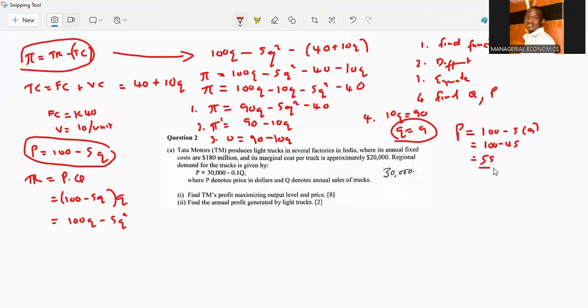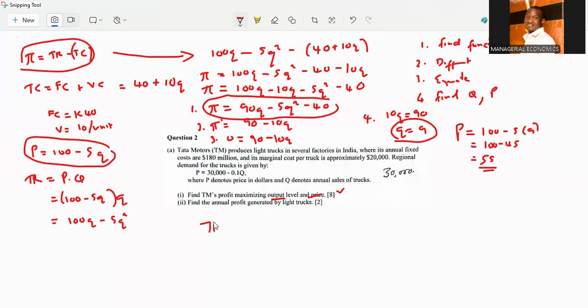Correct. Then find the actual profit. So it's the same question here. Find the price and output that will maximize profit, then find the actual total profit. So for the profit, you go back to the profit function, and in the profit function, you substitute the quantity that you found.